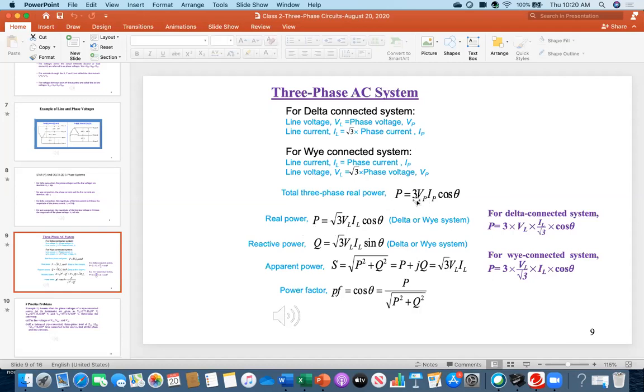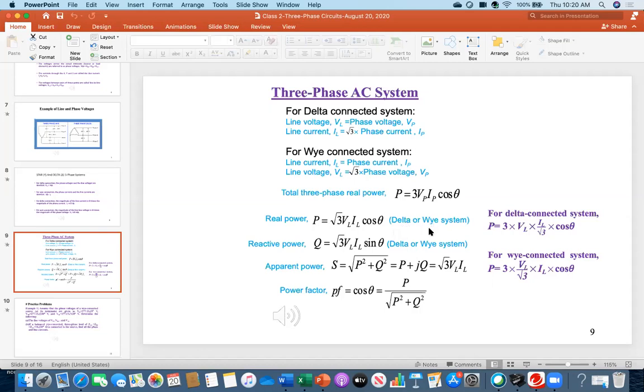Here it was in terms of VP IP, but here you see √3 VL IL cosine of theta. You see how the symbol changed: not VP, it is VL; not IP, it is IL. And in order to change the symbol, it is not 3 here, it is √3. And what I have written, delta or Y system: the same equation is valid and applicable to both systems.